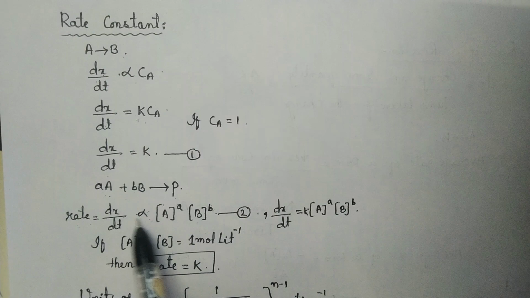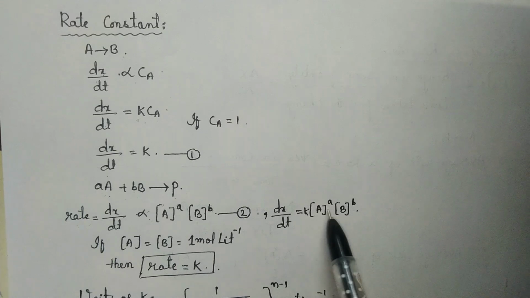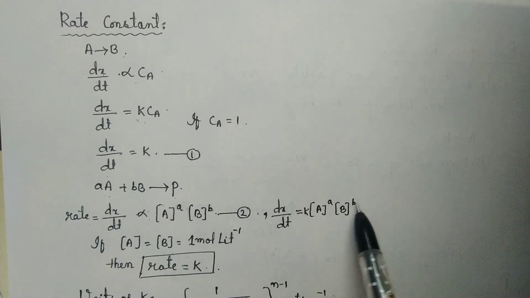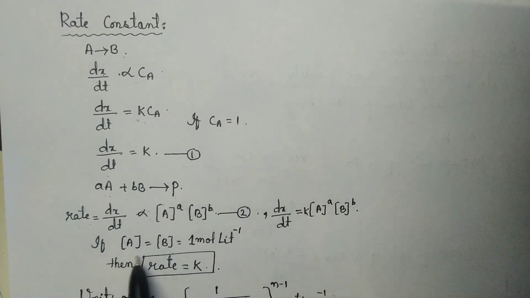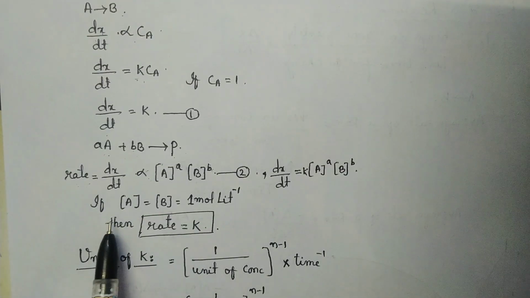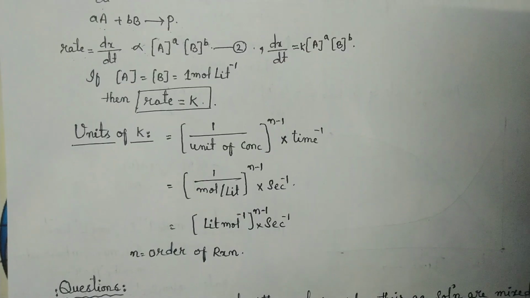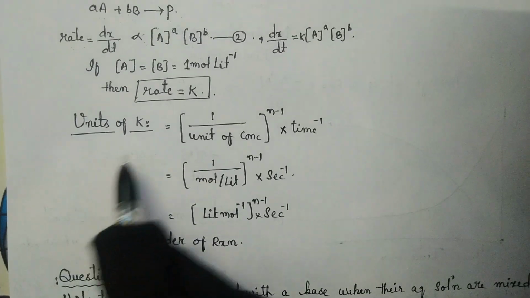If we remove the proportionality symbol, then dx by dt is equal to k into concentration of A power a into concentration of B power b. If concentration of A and concentration of B is equal to 1 mole per liter, then rate is equal to rate constant K. So this we have to note down.